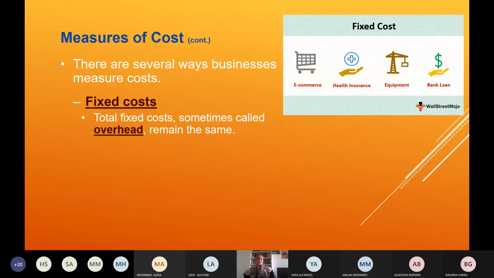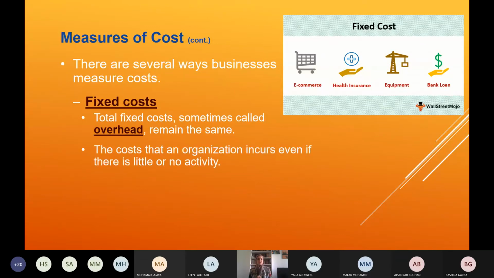Electricity, taxes. Fixed costs are incurred even if there is little or no activity. Even if today I am sick and I didn't go to the shop, I still pay money for the table, the renting place, the blender, the electricity, and the one who parks the car for me.